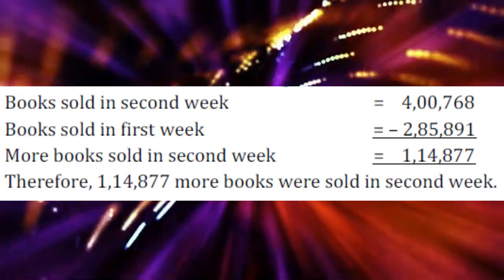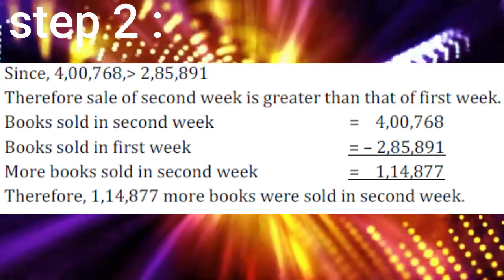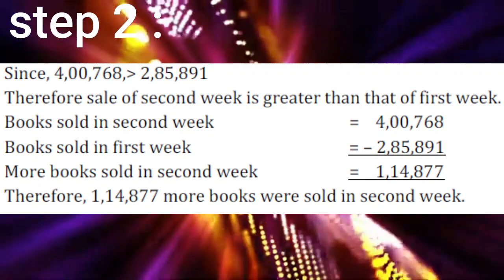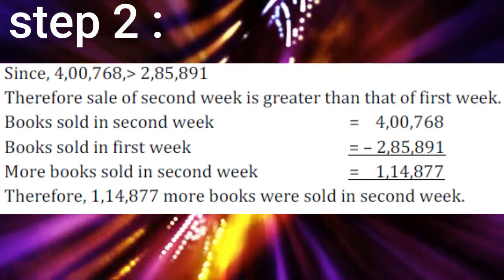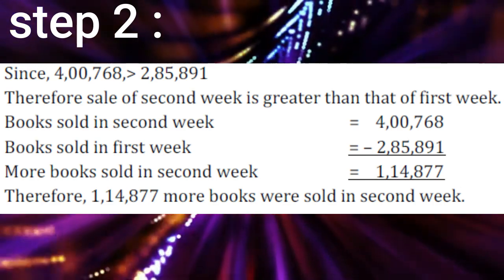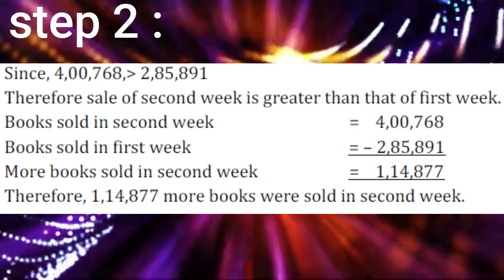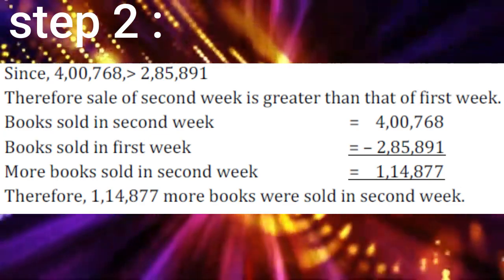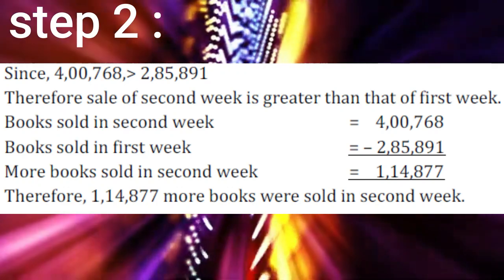Now, when we need to find the second one, in which week was the sale greater? Obviously, since 4,768 is greater than 2,85,891. Therefore, sale of second week is greater than that of first week.